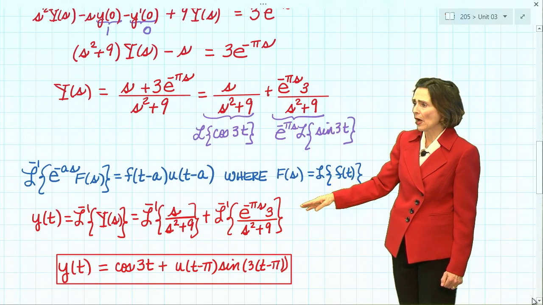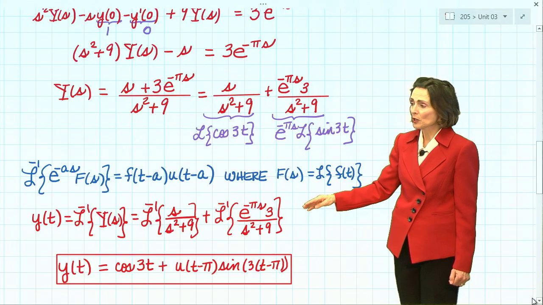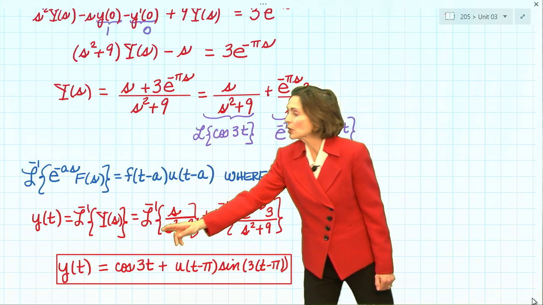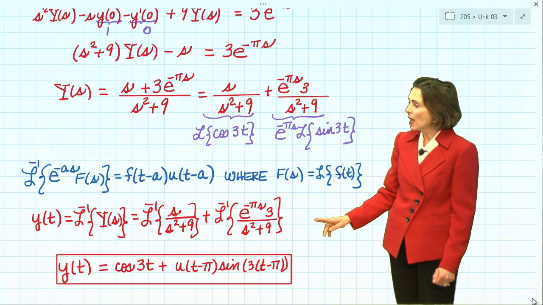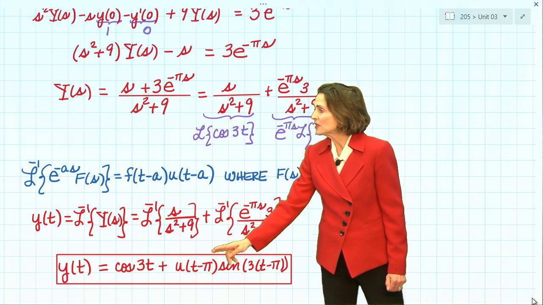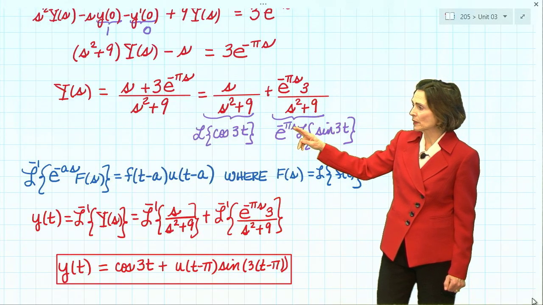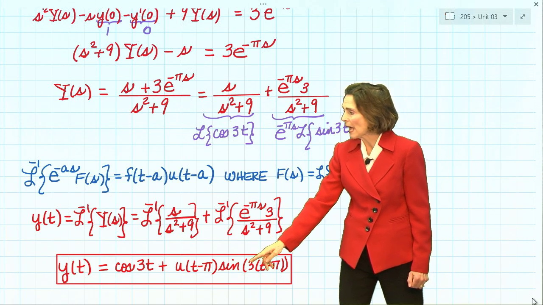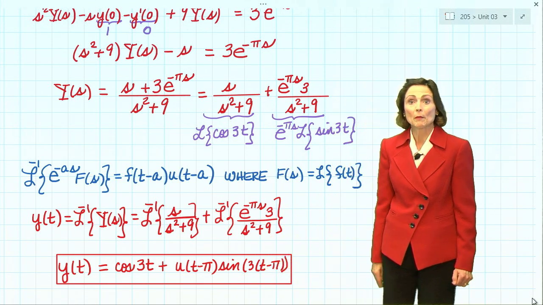So we have finally the solution to our differential equation. y of t is cosine 3t plus u of t minus pi, because a is pi, sine of 3t minus pi.